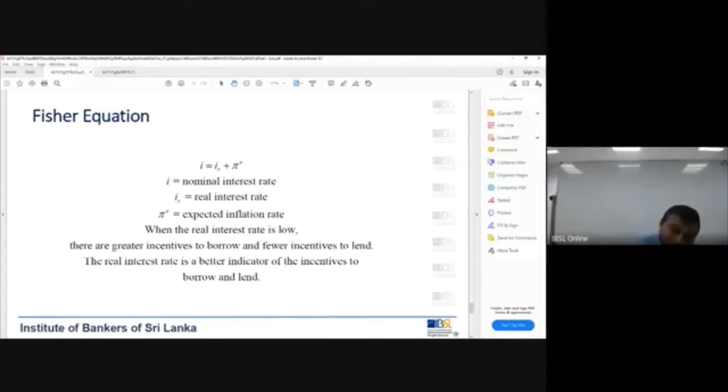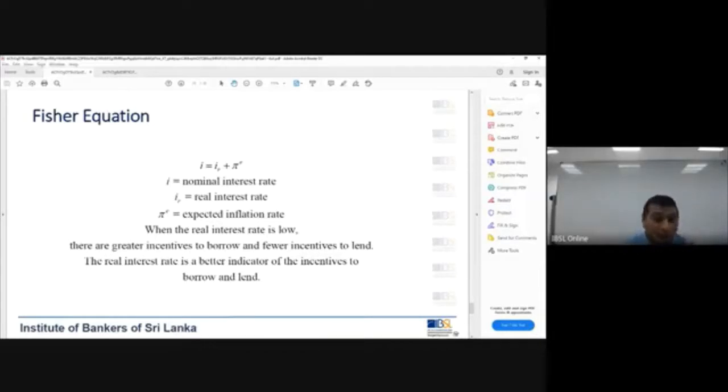So if anybody sees opportunities to borrow below 7, that means the real interest rate is less than 2%. It's an incentive to borrow because he sees, oh, my effective real cost of borrowing is now cheaper. But the other side of the coin is there are no lenders.